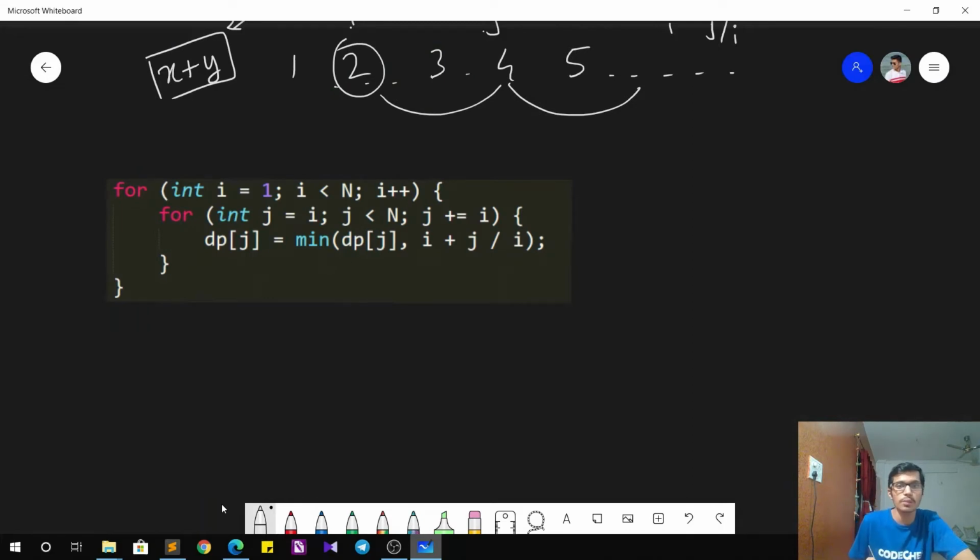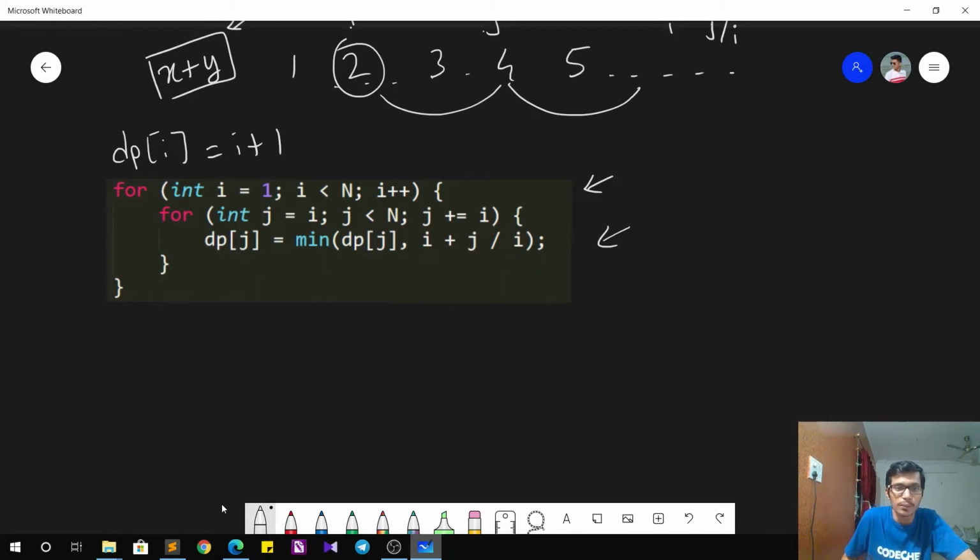So the code for sieve would look something like this. Here we have our array dp of j, which is currently just storing the answer if only one kind of pair were allowed. Initially all the dp of i's are initialized to i plus 1, and now these two for loops ensure that it has calculated the minimum in the following way: all the multiples of i in the array have the answer stored as the minimum of dp of j comma i plus j by i.